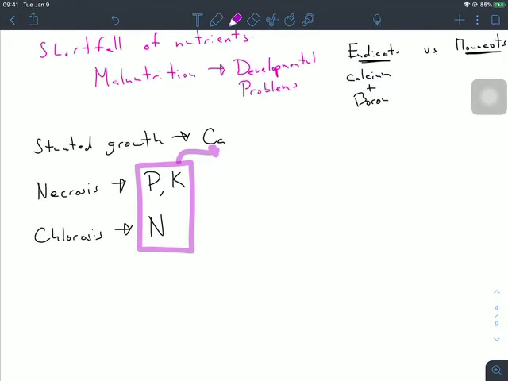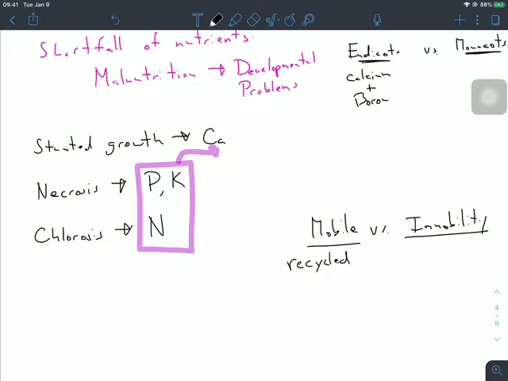Bam, right? We'll end today's lecture, because I've been going on for a bit here, by discussing mobility versus immobility of nutrients. Now, nutrients that are mobile can be recycled. What this means is that if a plant is growing and it does not have enough of a particular nutrient, it can kill off old leaves so that new leaves can grow just fine.